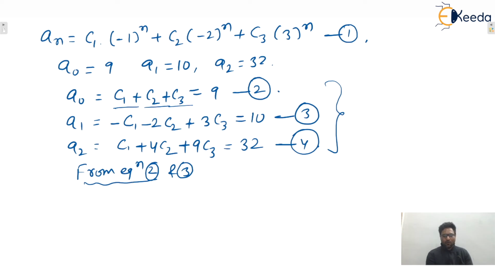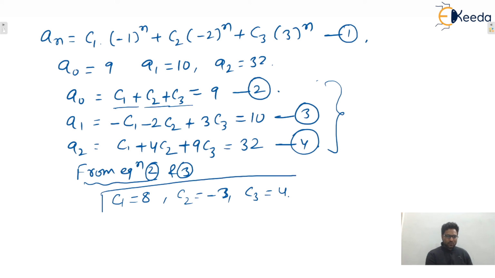By multiplying somehow, easily you can do it, because three equations are there and three unknowns are there. No problem at all. So after solving these three equations, you will get the values of C1, C2 and C3. And I hope the values will be C1 equals 8, C2 equals minus 3, and C3 equals 4. These will be the values of C1, C2, C3.